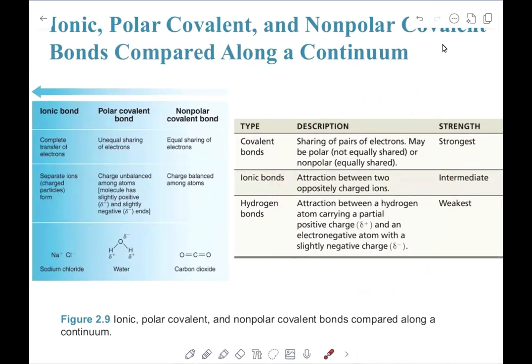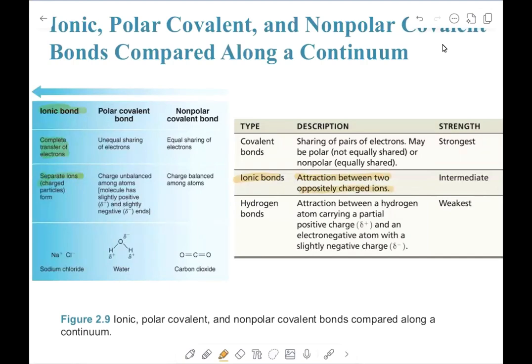So these are the two main types of bonds. We're going to see the third type of bond called a hydrogen bond next. Hydrogen bond is the weakest type of bond. It's shown here, and we'll see an image of it on the next slide. But the ionic bond is a complete transfer of electrons, and it's attraction between two oppositely charged ions.